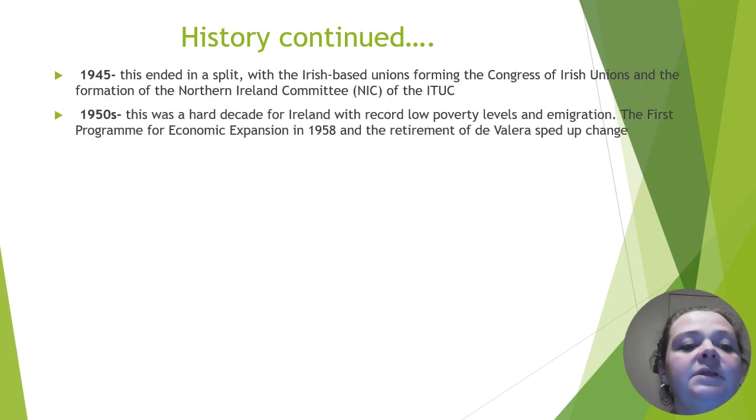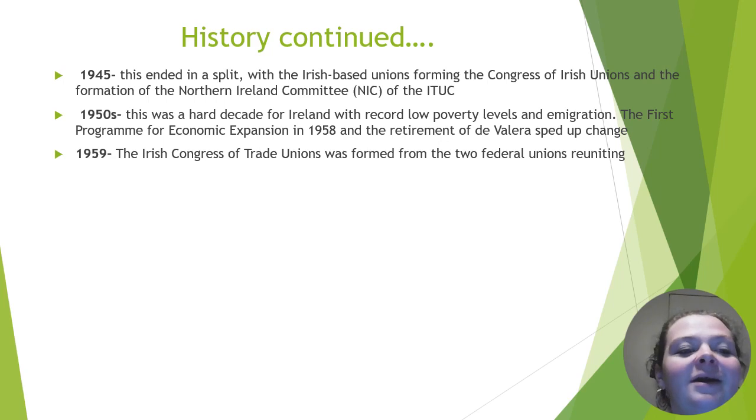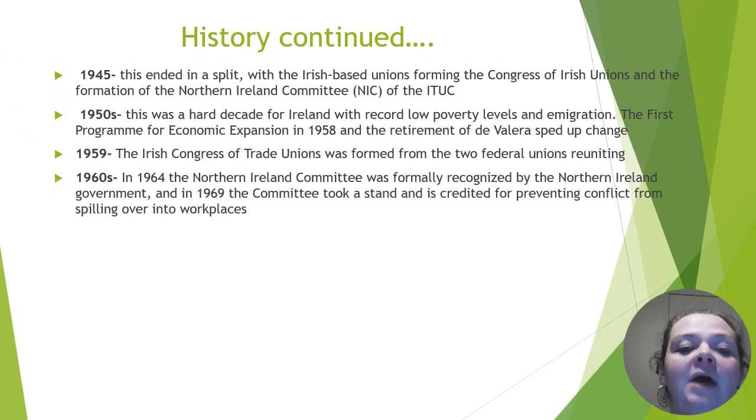In the 1950s, there was a hard decade for Ireland with record low poverty levels and immigration. The first programme for economic expansion in 1958 and the retirement of De Valera sped up change, so hopefully in the good direction. In 1959, the Irish Congress of Trade Unions was formed from the two federal unions reuniting.